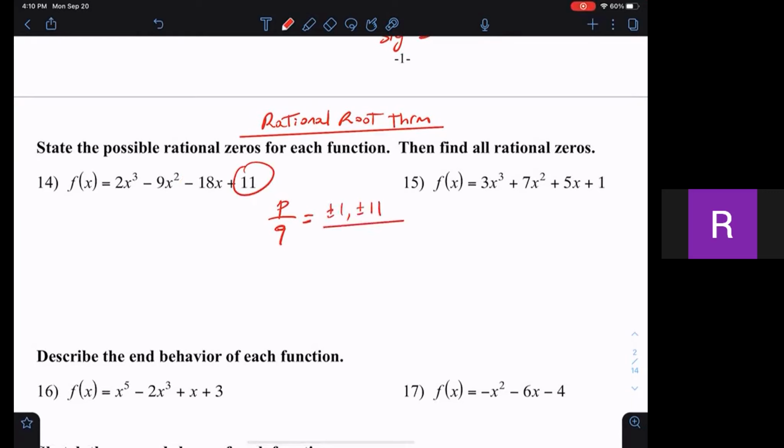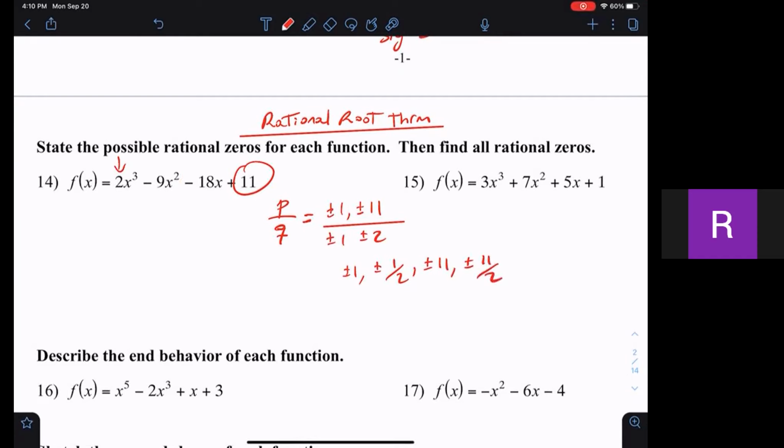Those are the only numbers that divide 11. And then the leading coefficient, which is going to be plus or minus 1, plus or minus 2. So the ratios are plus or minus 1, plus or minus 1/2, then plus or minus 11, plus or minus 11 over 2. One of these 8 numbers should give me the 0, right?